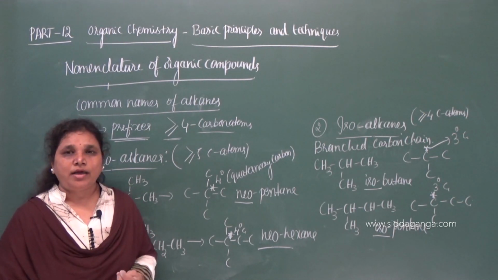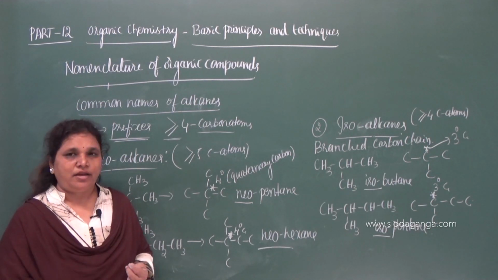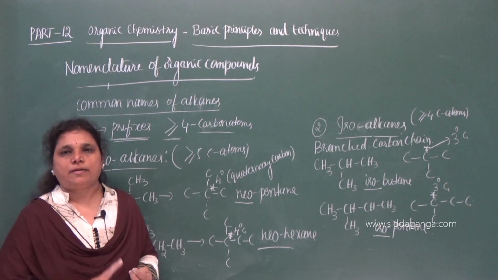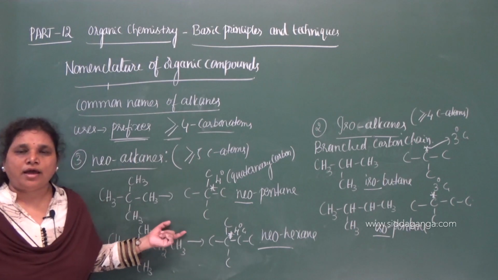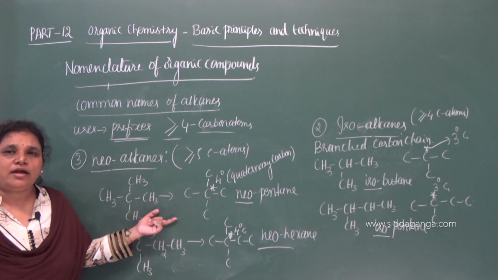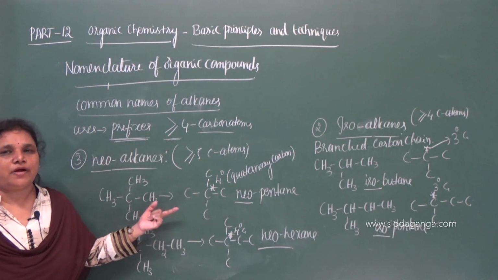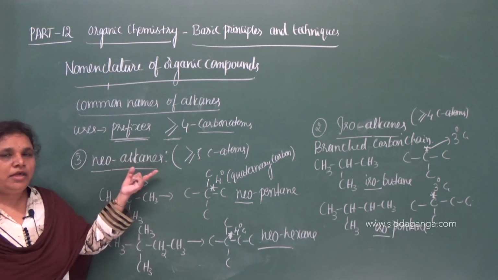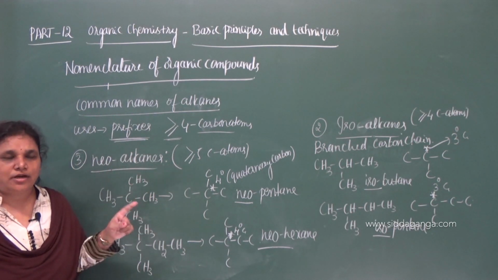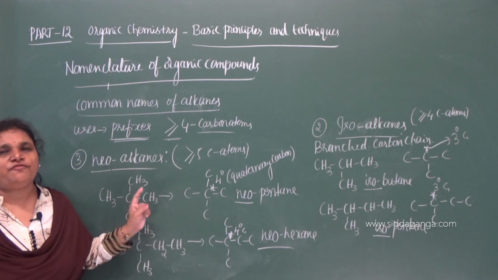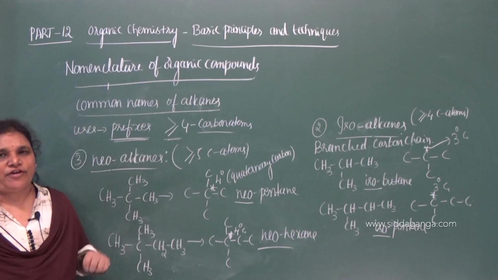Isoalkanes are alkanes containing at least one tertiary carbon in a branched chain. Neoalkanes are alkanes containing at least one quaternary carbon in a branched chain. Isoalkanes are named only for alkanes containing a minimum of 4 carbon atoms, and neoalkanes with 5 or more carbon atoms.